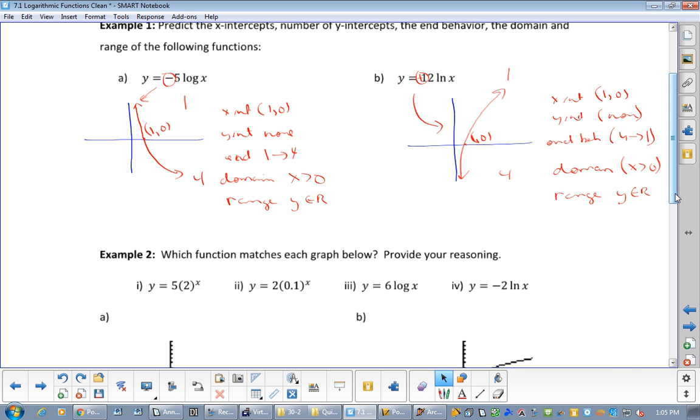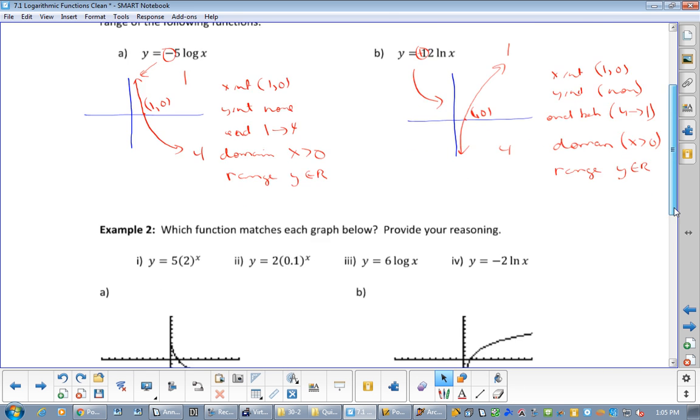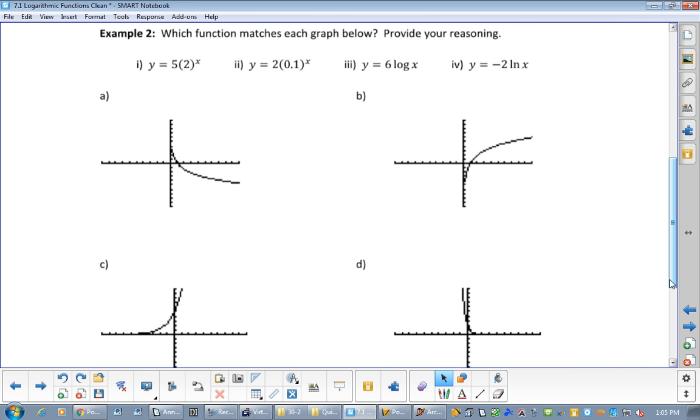Okay, do you remember the very first quiz we did on the exponent unit? I had something similar to this, match to the graph. Okay, take 20 seconds, put 1, 2, 3, and 4. Even write the equation.